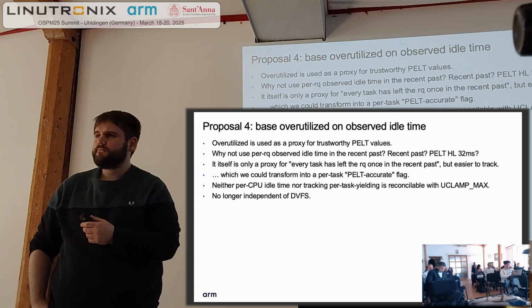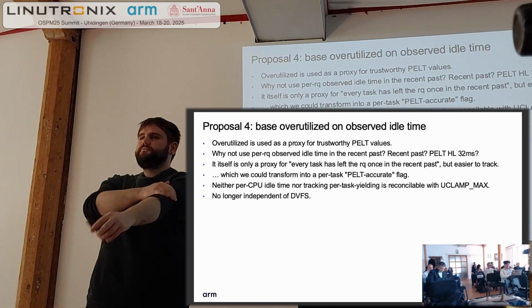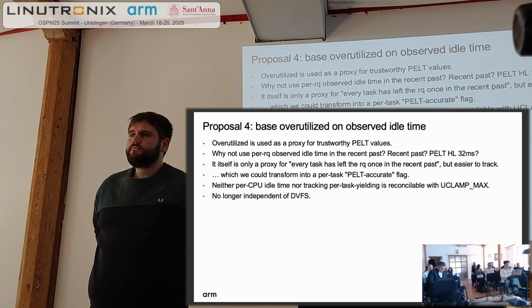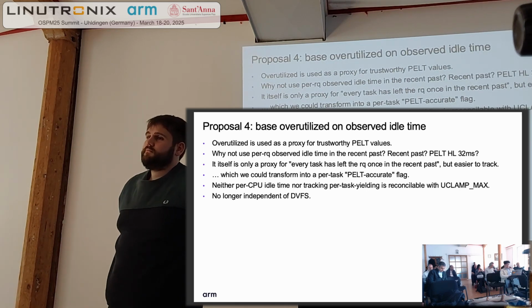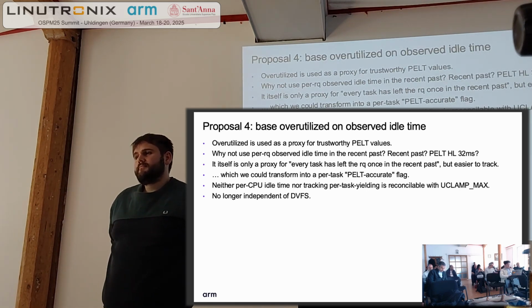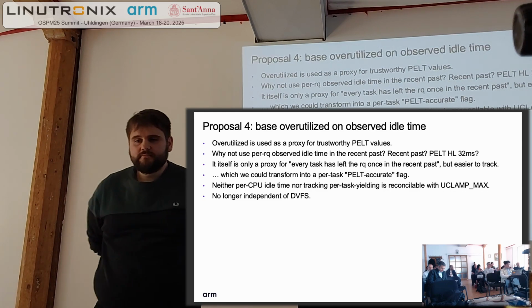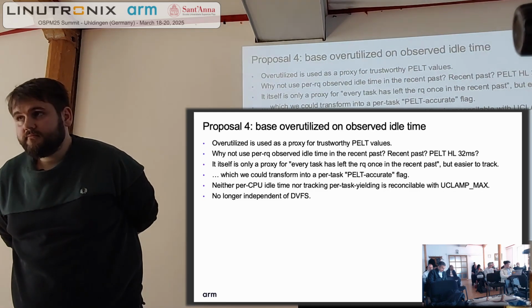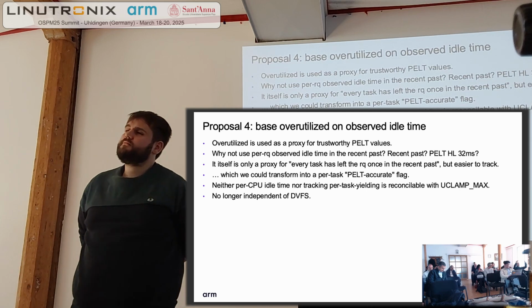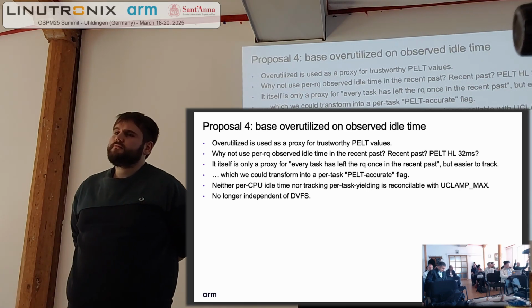Whatever we do, that would be an overutilized case. So you are suggesting that we always look for an energy efficient CPU, and if that fails, move to the overutilized state for a while, I don't know how long.